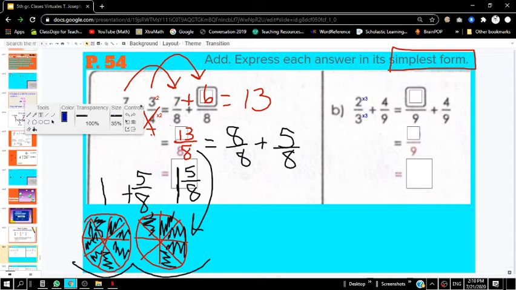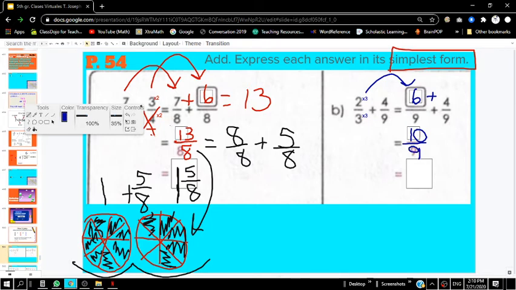In other words, we changed 2 to 6 and 3 to 9. Now we have 6/9 plus 4/9. And all we're going to do is add the numerator. 6 plus 4 equals 10. So our answer is 10/9.